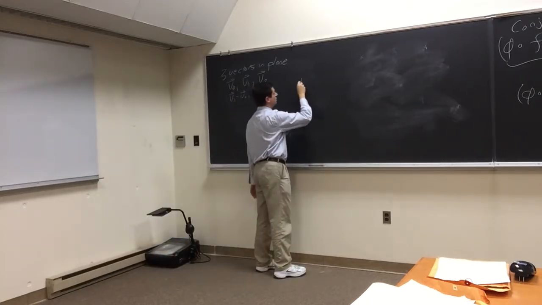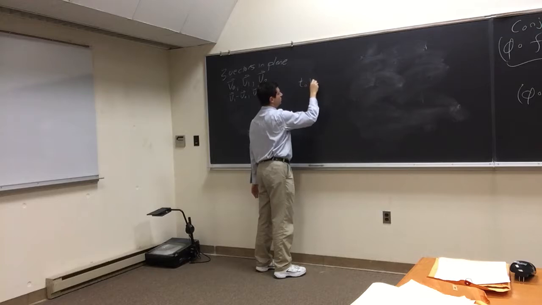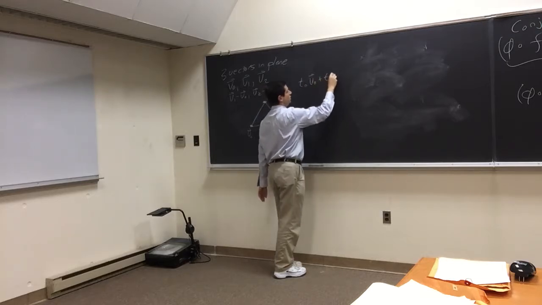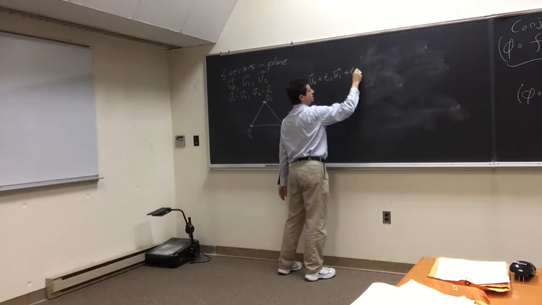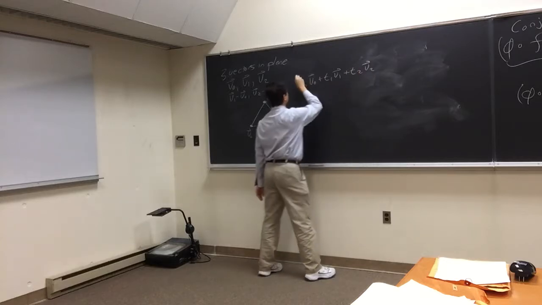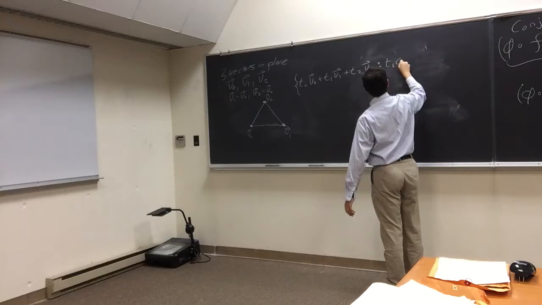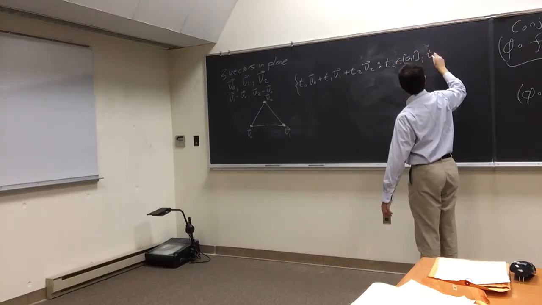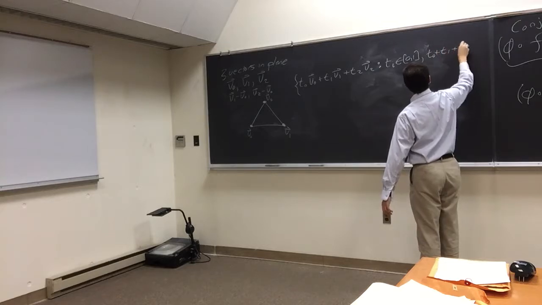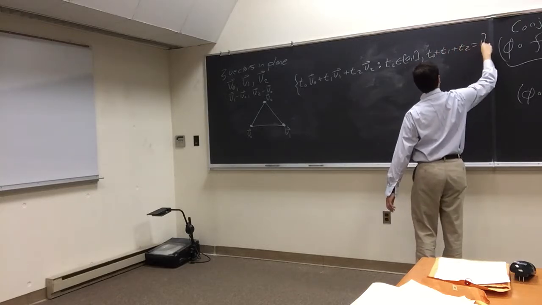So let's look at the following space. Let's look at all t0 v0 plus t1 v1 plus t2 v2 such that the t_i's are all in [0, 1] and t0 plus t1 plus t2 equals 1.